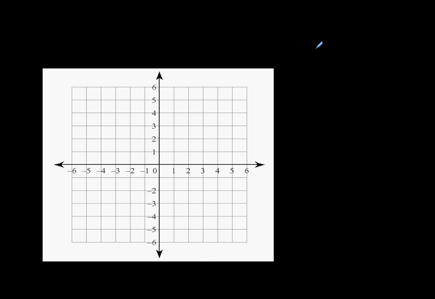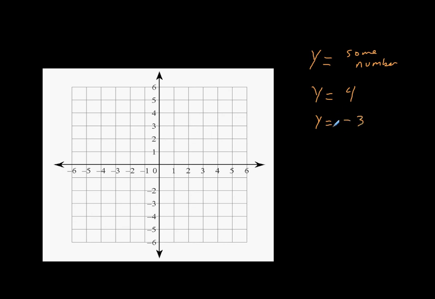Now, these two equations start out looking like this: y is equal to some number. Actually, any number. It could be y is equal to 4, or y is equal to -3.